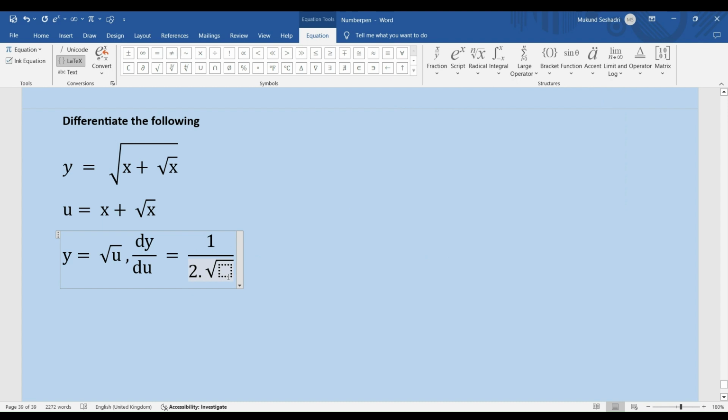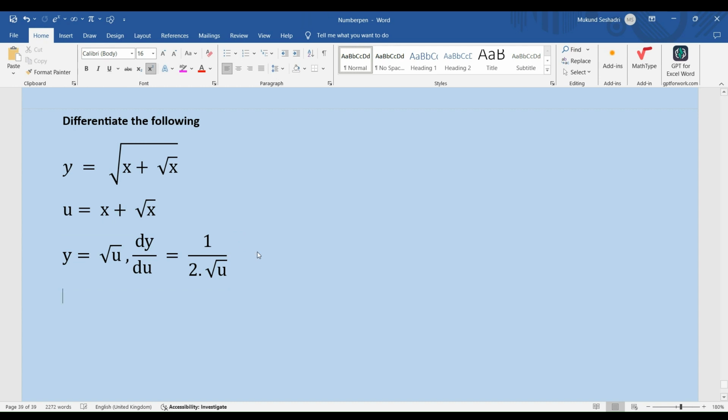So when I do d by du of root u, I rewrite this as u to the power half, and then I apply the formula d by dx of x to the power n. That's how I arrive at 1 by 2 root u. So that's my dy by du.